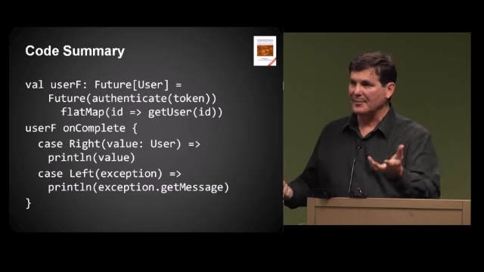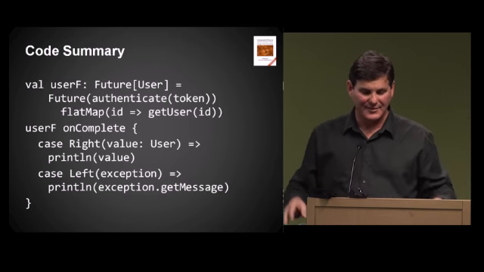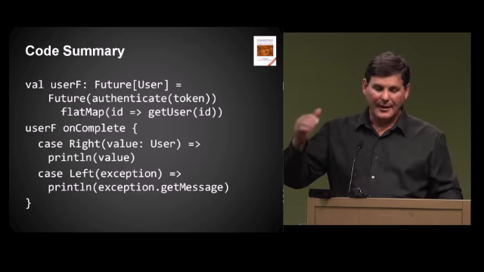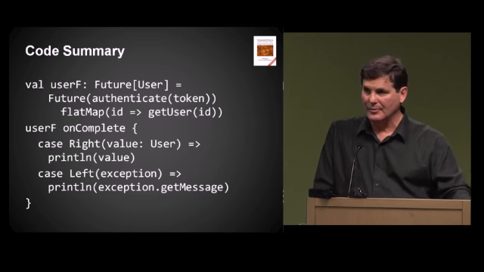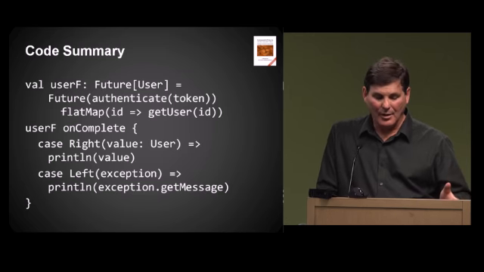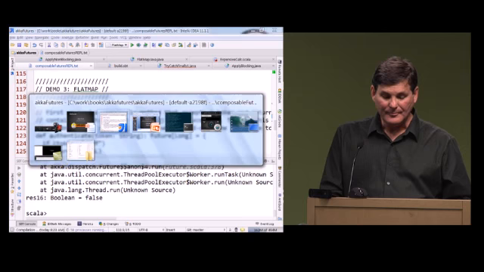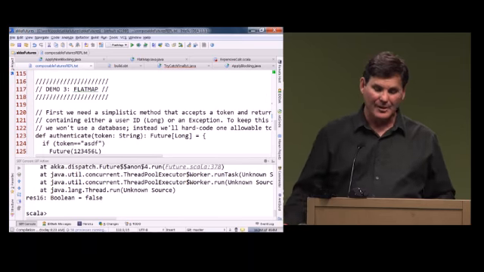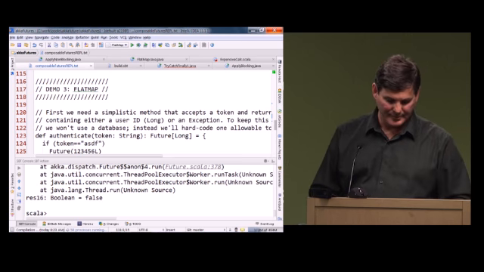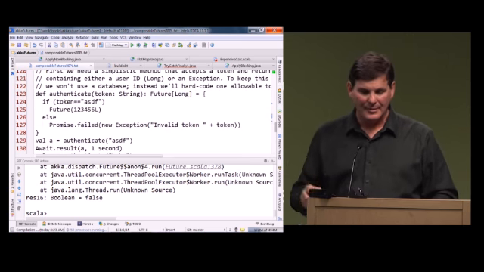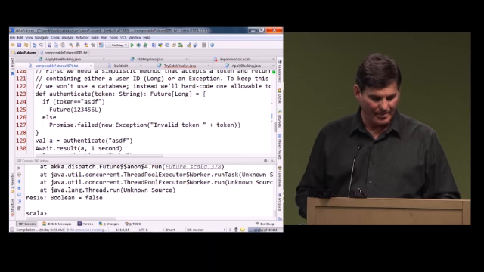And if we got an exception, we're not going to do any of that. We just skip it. And then after all of that, we can conditionally do something with userF. So the onComplete clause, this is a callback. If we had a value, print it out. Otherwise, print the exception. So that's kind of like pseudocode.